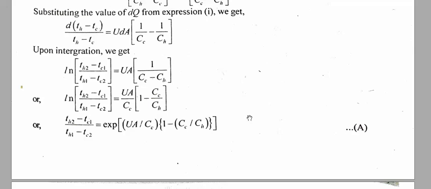Multiplying both sides with the exponential, by which the log gets cancelled, we will get (Th2 minus Tc1) upon (Th1 minus Tc2) is equal to exponential of UA by Cc into (1 minus Cc by Ch).